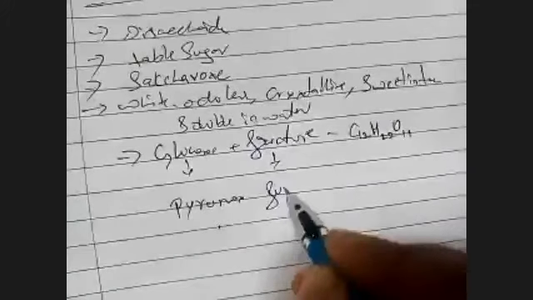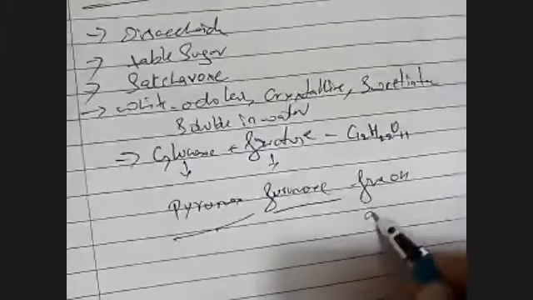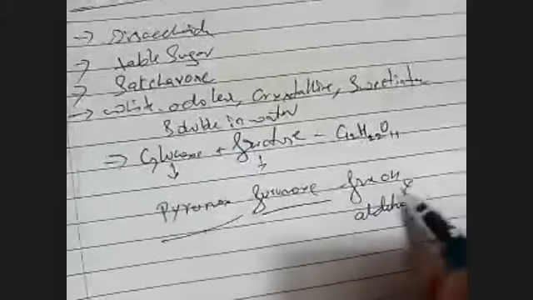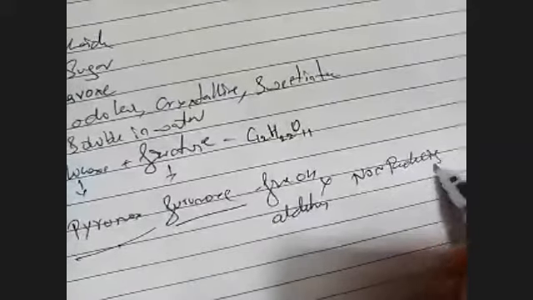Here we are taking pyranose glucose with furanose fructose, and we are not having the free OH or aldehyde group. That's why we call it a non-reducing sugar. This is the only disaccharide that is a non-reducing sugar.